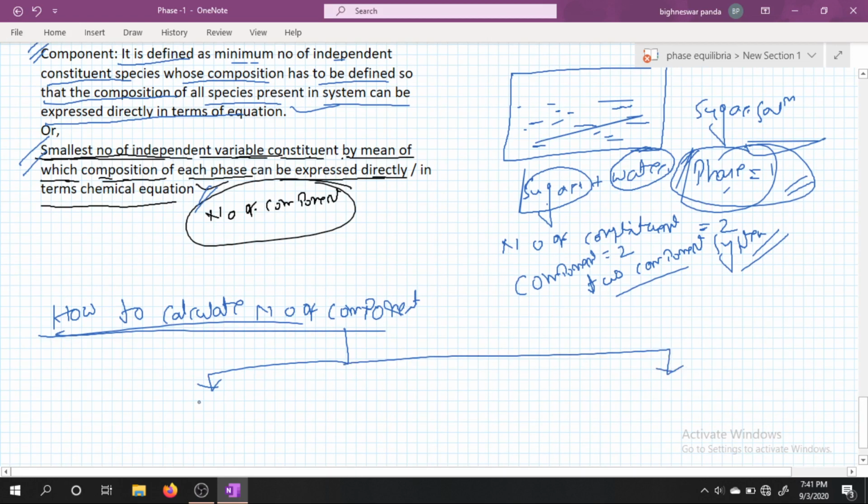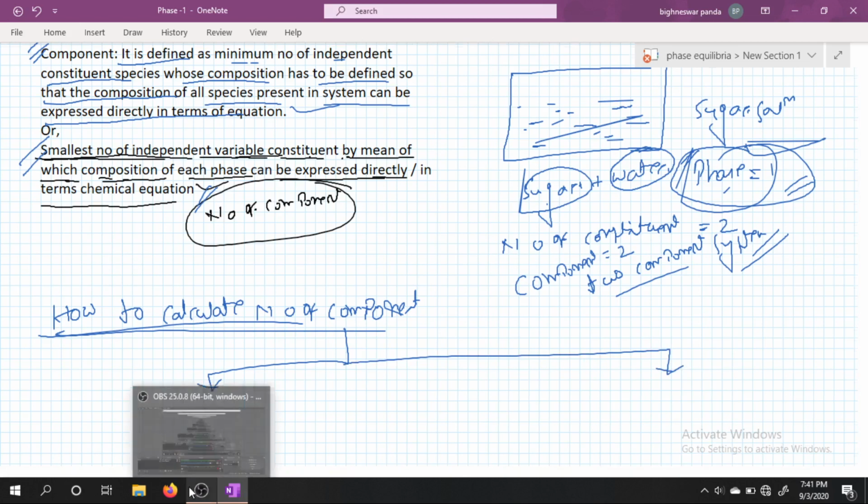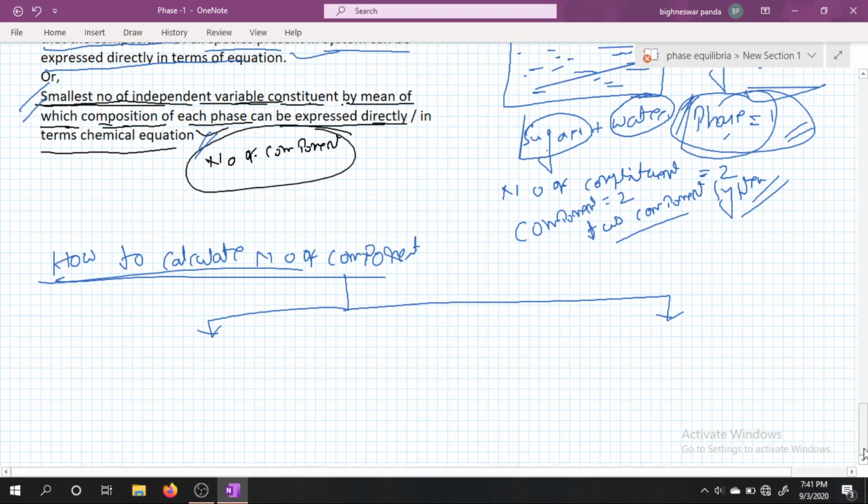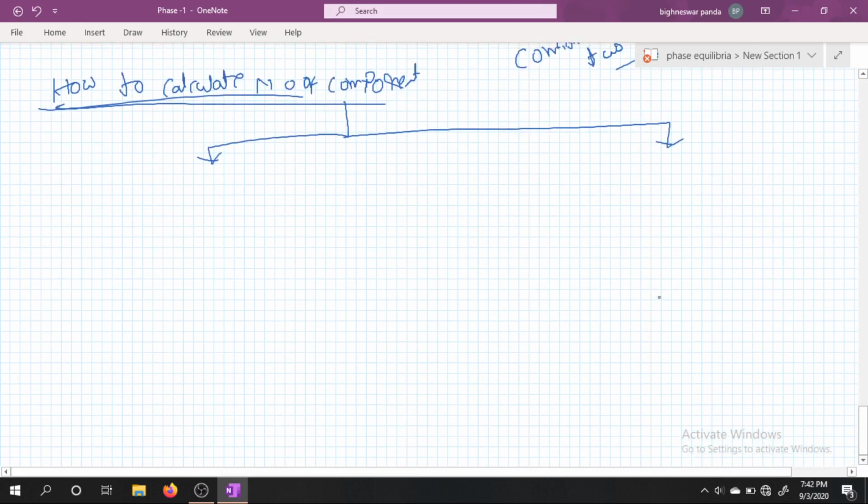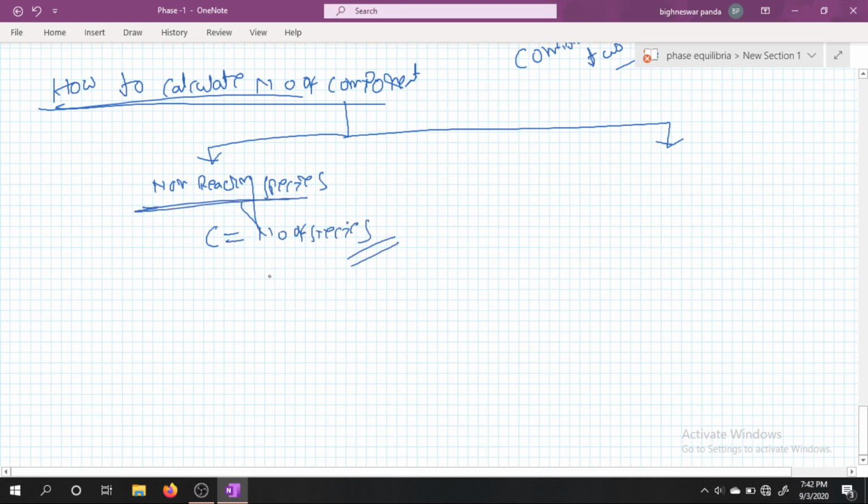If we have non-reacting species, we can consider that the number of components is equal to the number of species, where C is the number of components.